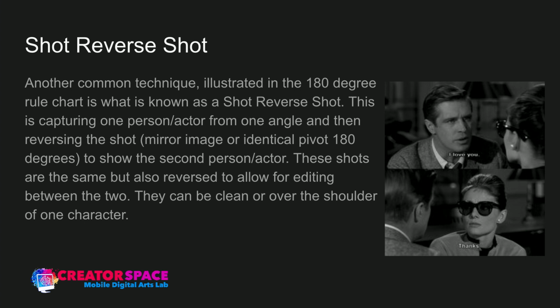We'll hear that a lot, shot, reverse shot. These are some really great techniques. So we get into the 180-degree rule, shot sizes, and different angles they can cut together. They can be clean, with no shoulder of the other person, or over the shoulder as you see in this image. Imagine if I'm talking to someone, their shoulder would be there, and that would be the camera angle.